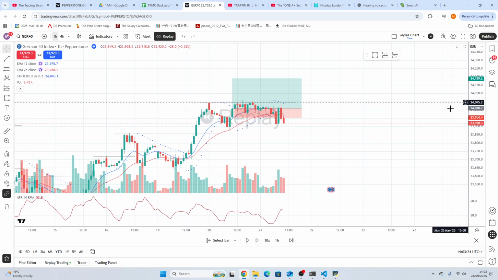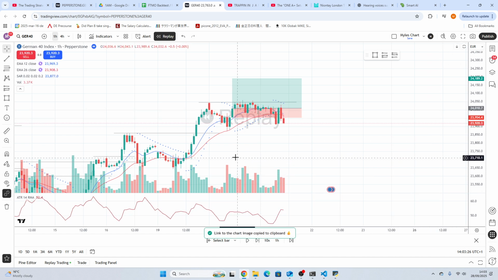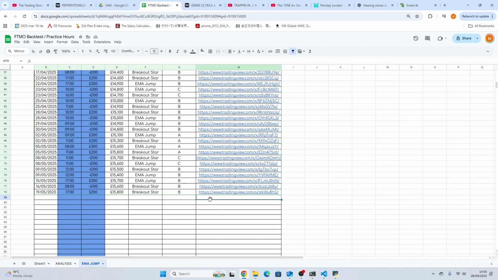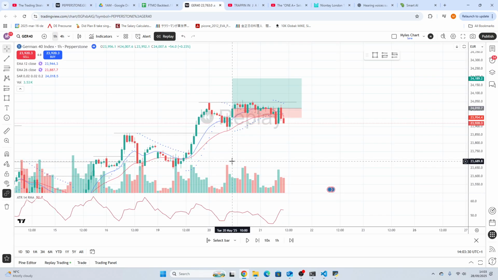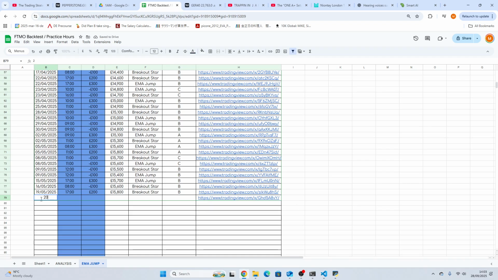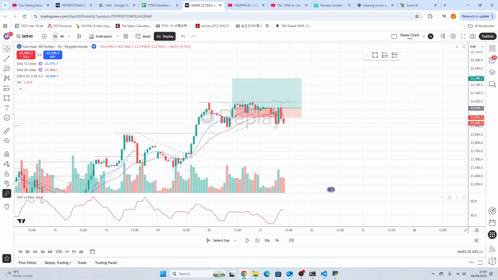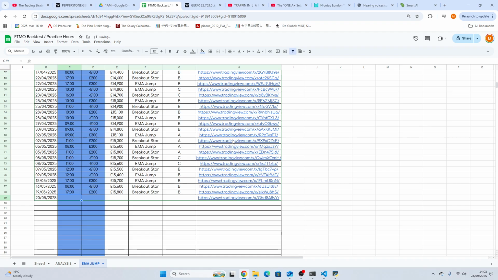It loses anyway, so we'll just add that in. 20th. This is good so far. So far I've found a really good way to judge what is a C setup and what isn't. It's working.